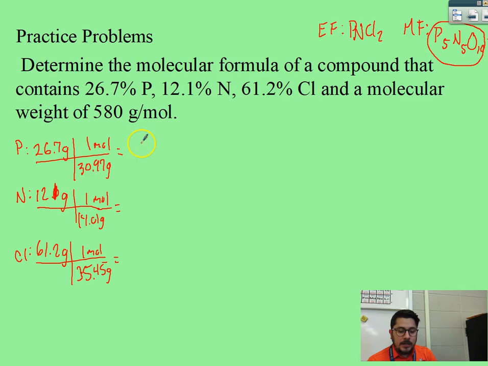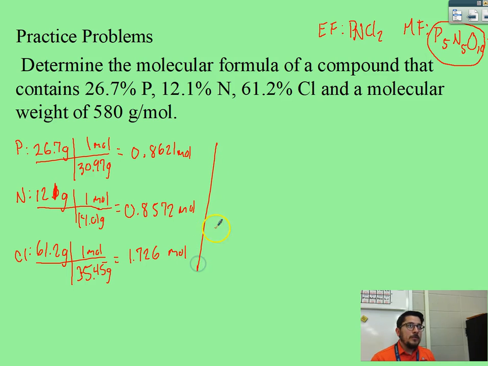If I do that, I got 0.8621, 0.8572, and 1.726. Divide them all by the smallest number, 0.8572. Top one I get about 1, 1, 2. So the empirical formula is PNCl2.